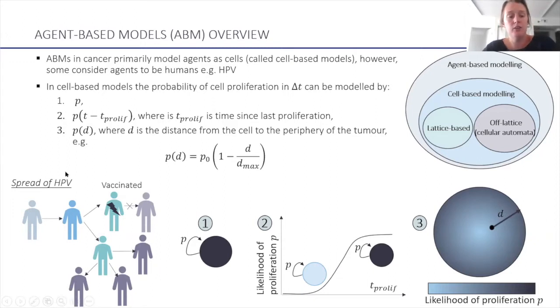So an example in HPV. HPV is the virus, it's an oncovirus known to cause cervical cancer. So there have been some agent-based models that look at the spread of HPV using an agent-based model to track, say you've got one individual who's infected, they infect another person who then goes on to infect someone else, who then subsequently infects 3 other people.